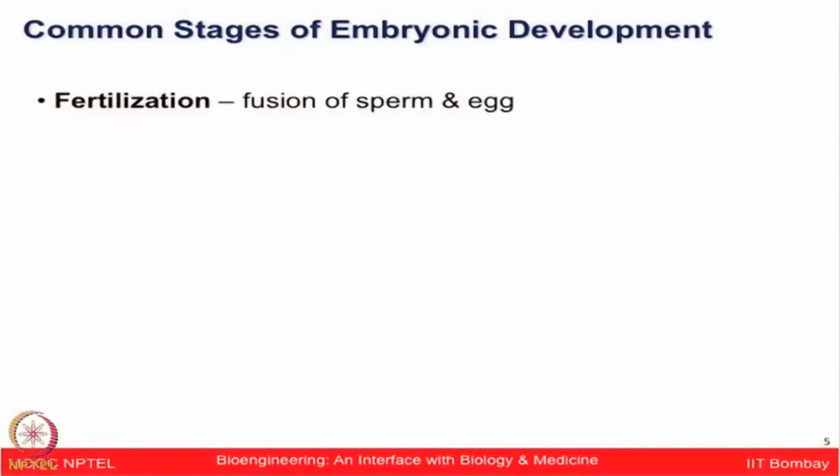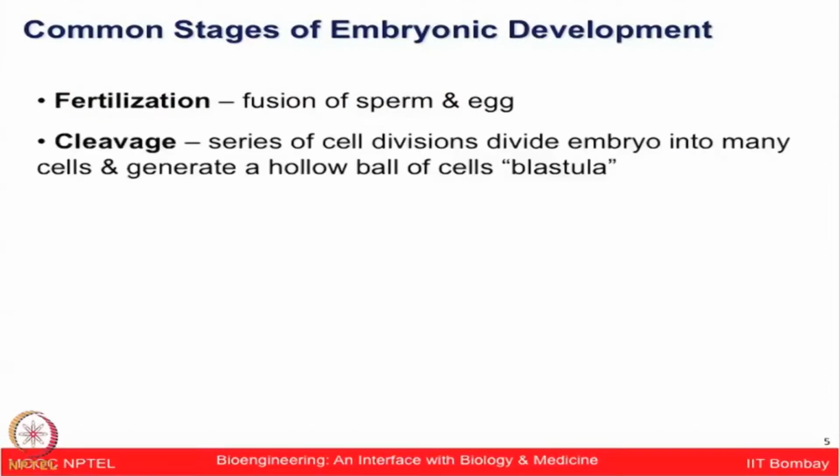So, before I come to the actual developmental cycle, let's familiarize you with some terminologies. Fertilization is the process of fusion of both sperm and egg, which we have seen in meiosis and mitosis when I was talking to you about the cell cycle.